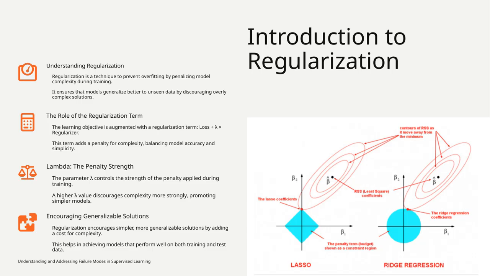Conversely, a lower lambda allows for more complexity, which might be useful in some cases but risks overfitting. Ultimately, regularization nudges our models towards simpler, more generalizable solutions. This means they perform better not only on the training data, but also on new, unseen data. So, understanding and tuning regularization is crucial for building robust supervised learning models that stand the test of real-world application.